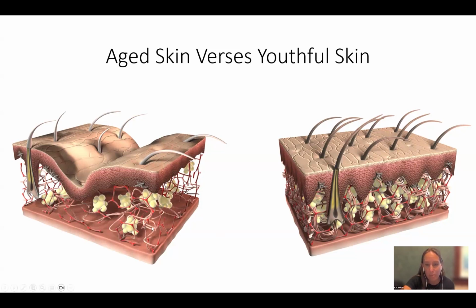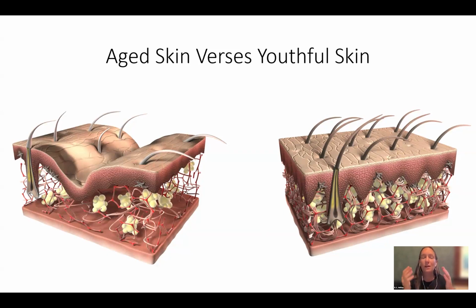Then we have these little bands that are all wrapped around, and those represent your elastin. And elastin is like the little rubber bands in your skin, and they help to hold your skin taut. I always like to have people take their hand and pinch it and see how fast it comes back. If it comes back fairly quickly, that has to do with a good amount of those elastic fibers in your skin.